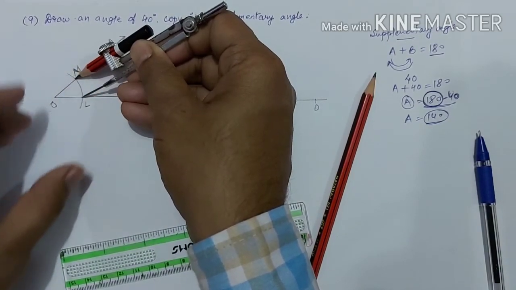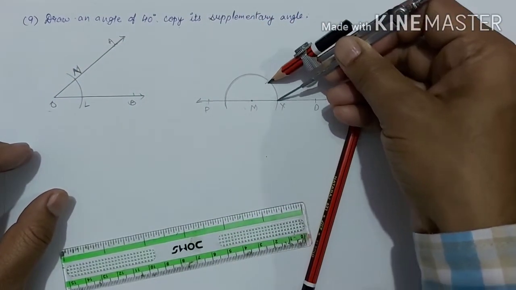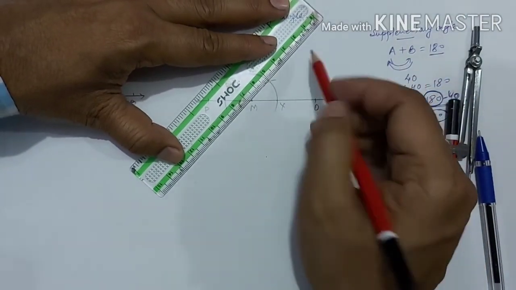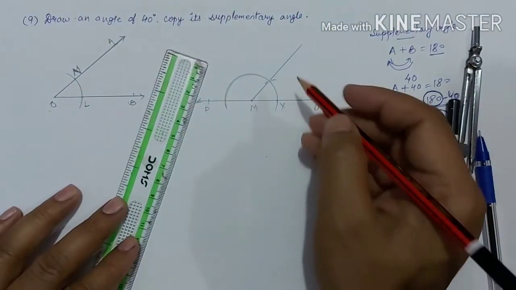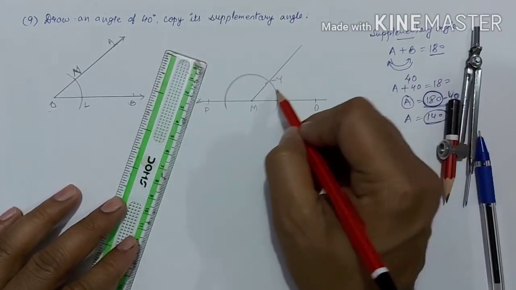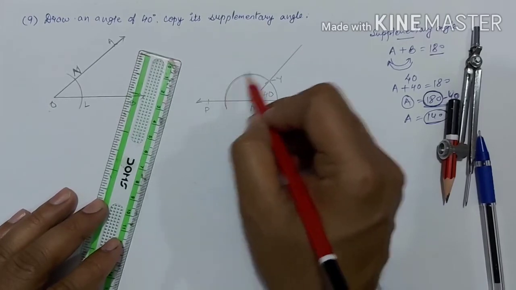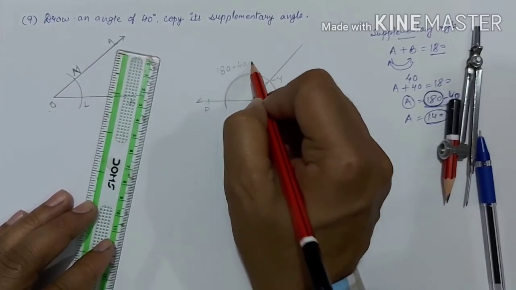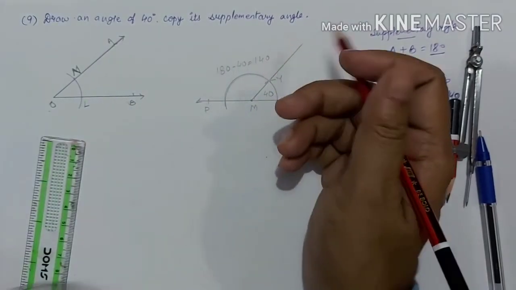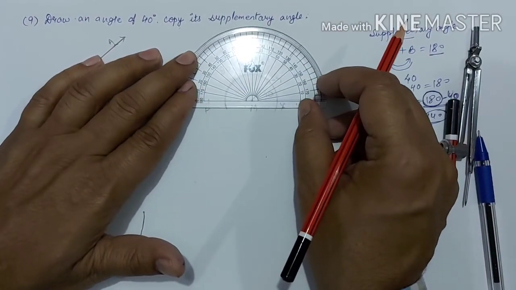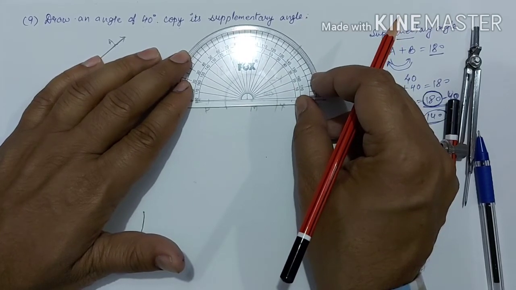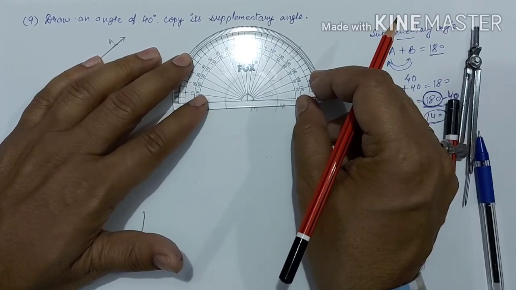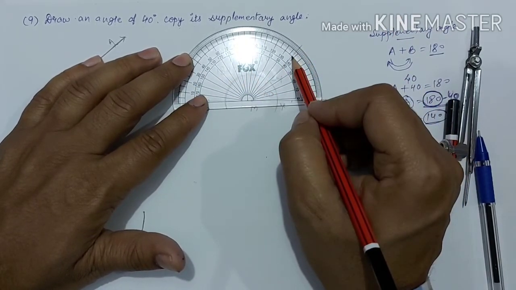Then with that radius mark the arc from the point X and intersect, and join the arc and point M. The name is Y. It means there is 40 and the total angle is 180, so 180 minus 40 is equal to 140. Now we measure by the ruler. Now here is 40 and here is 140.